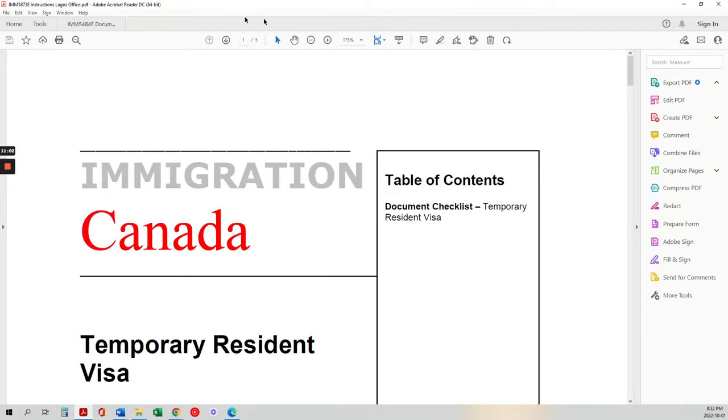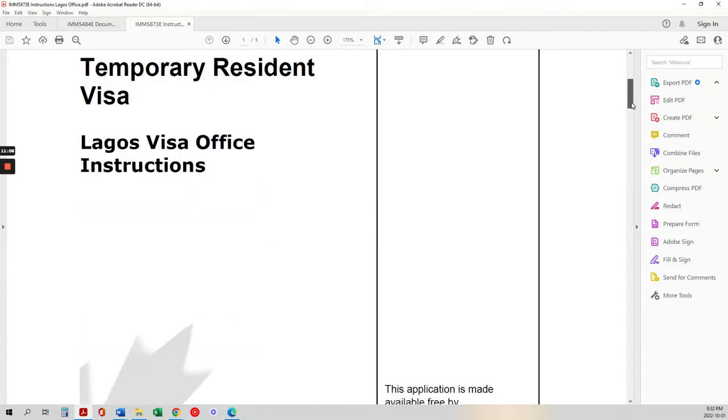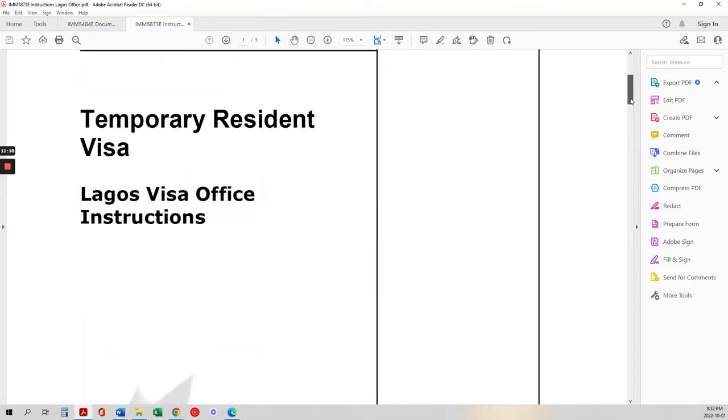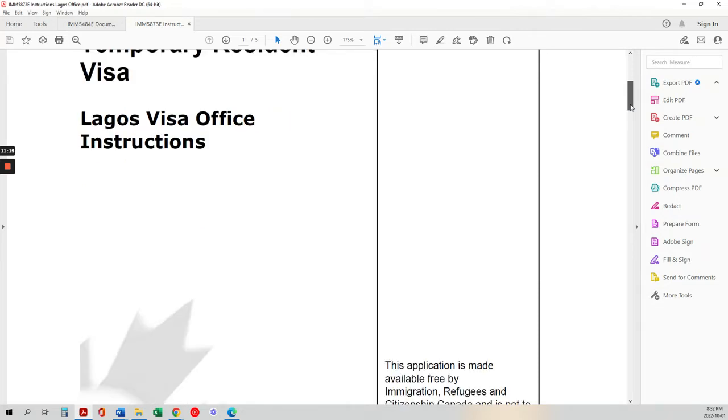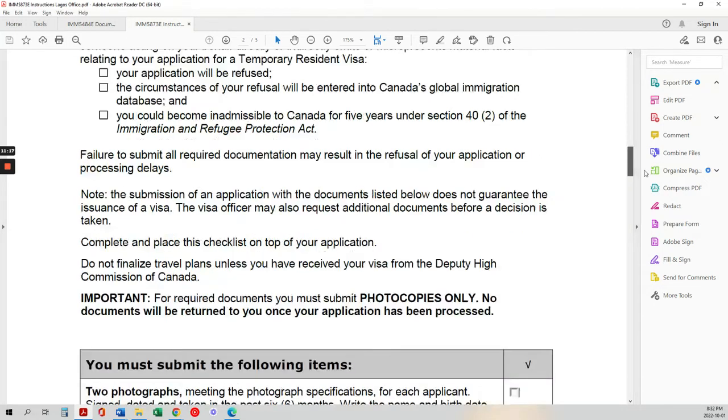This is the temporary resident visa checklist from the Lagos office. These are the instructions that you need to follow, because there are different documents here that they are requiring. So we will quickly go through that.